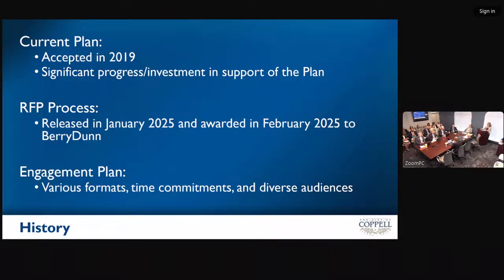You'll notice that there will be various formats and various time commitments. If you only have 10 minutes, we've got something for you. If you're willing to give us an hour and a half, we have something for you there too. And there is something for diverse audiences. Engagement from all components and parts of our community is a very important piece, so this plan, we believe, will achieve that.